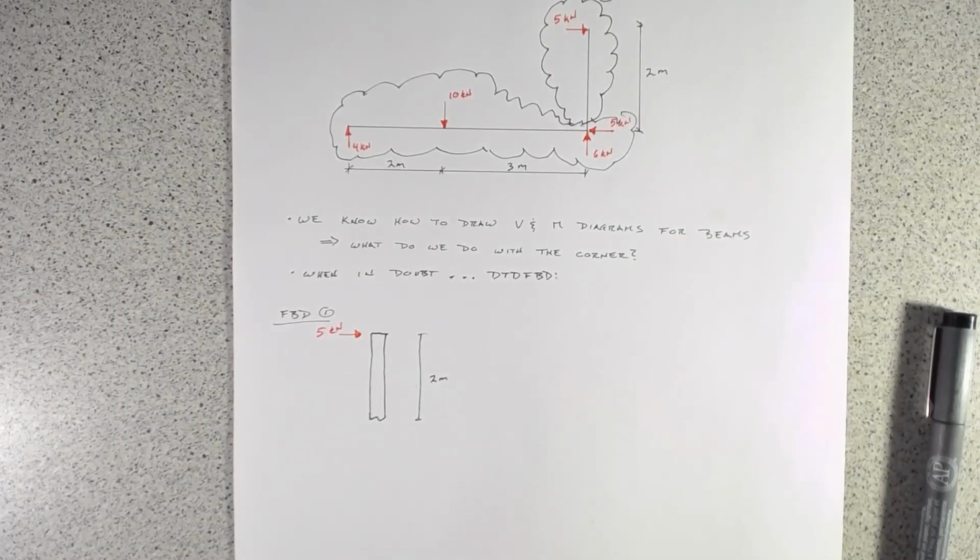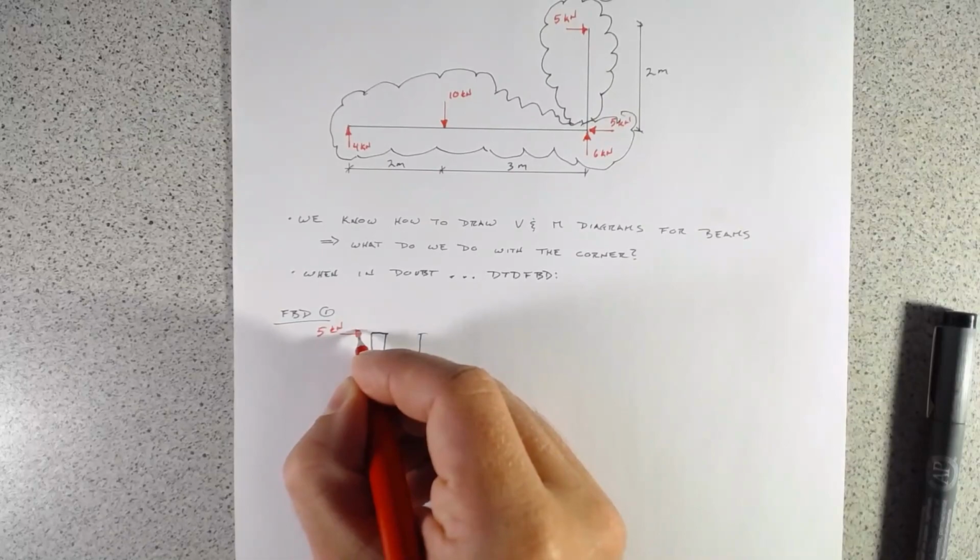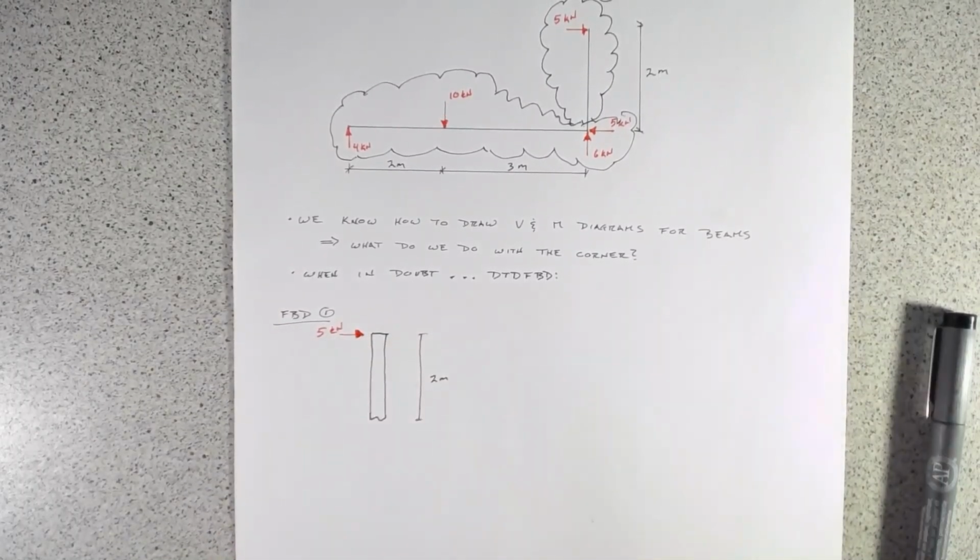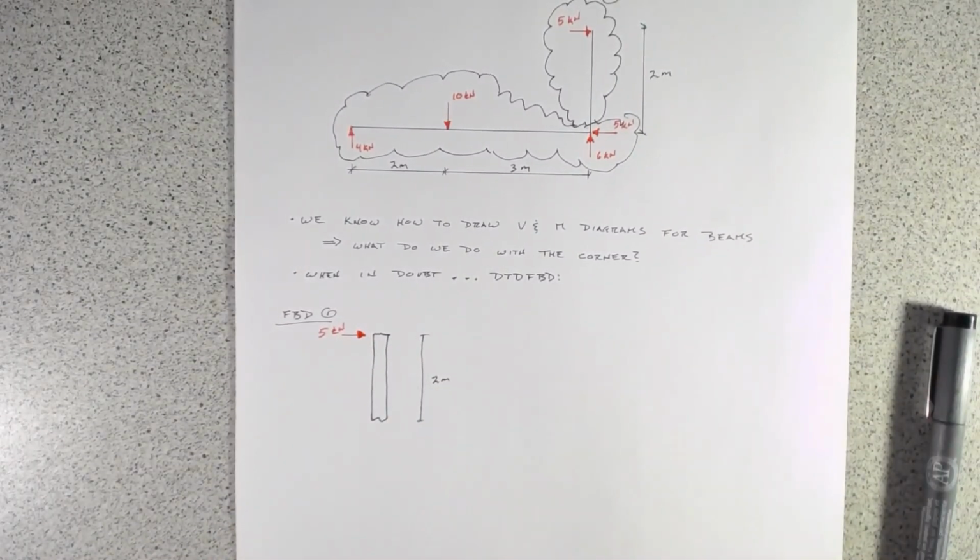So if I may step back for a moment, for a truss, the internal forces are only axial. But for a beam, we can have bending. If we have bending, we can have shear, and we can have axial force.